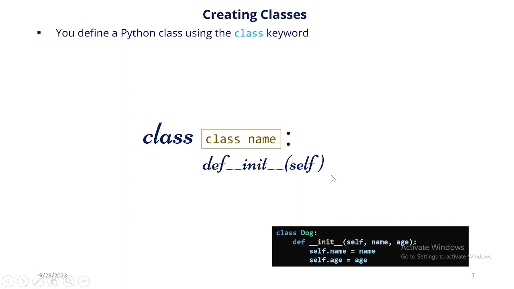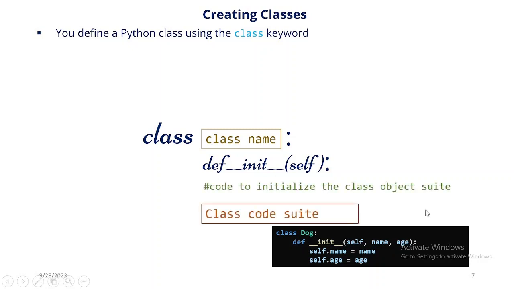This one must follow all classes, and a colon must follow it. Now we will describe this further later. And the code suite follows. Everything you have below here is going to be the code suite. So everything that is indented under the keyword class is a part of the class.